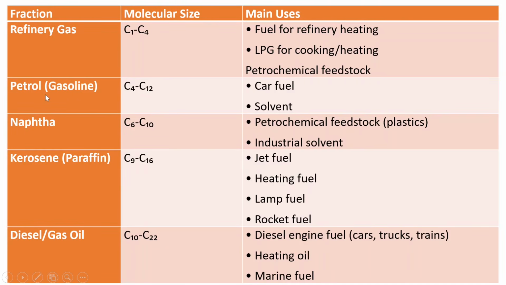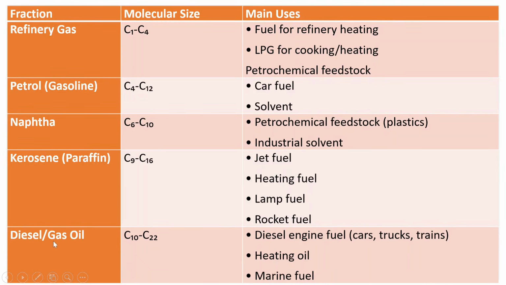When we come to petrol, gasoline, it is used as car fuel and also solvent. When we come to naphtha, it is used as petrochemical feedstock for plastics and also for industrial solvent. When we come to kerosene or paraffin, it is used in jet fuel, heating fuel, lamp fuel, and rocket fuel.